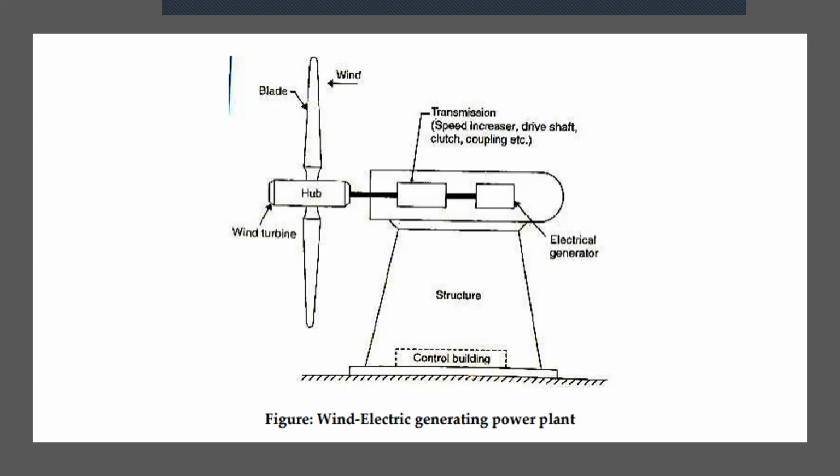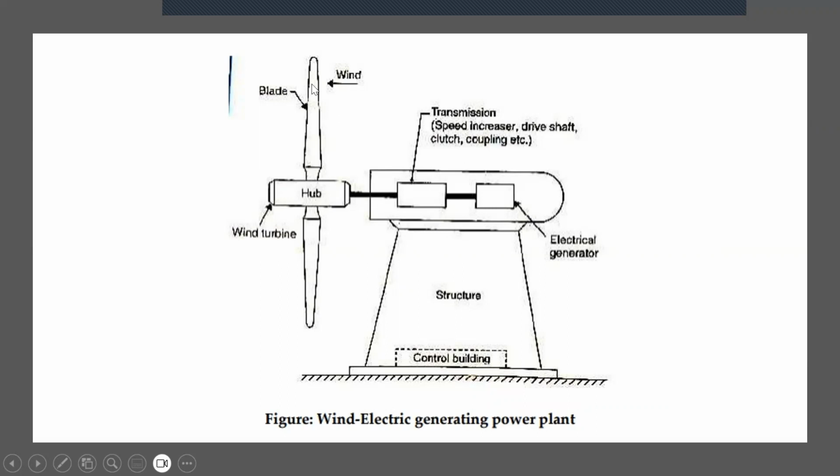There are some main components, like the wind turbine, transmitting station, and generator. Here you can see the control building where the complete structure of the windmill is built, and you have a transmission line through which it is connected to a hub, where the hub forms the number of blades across the wind turbine.